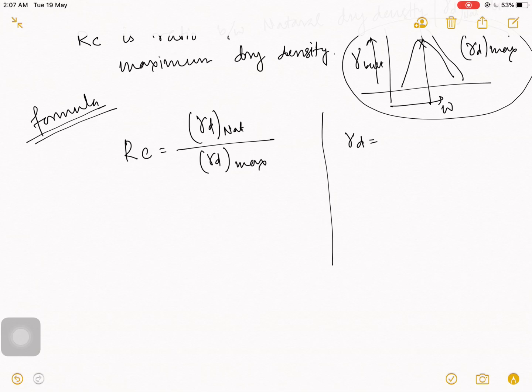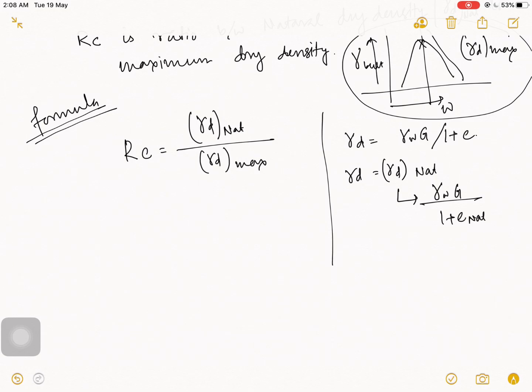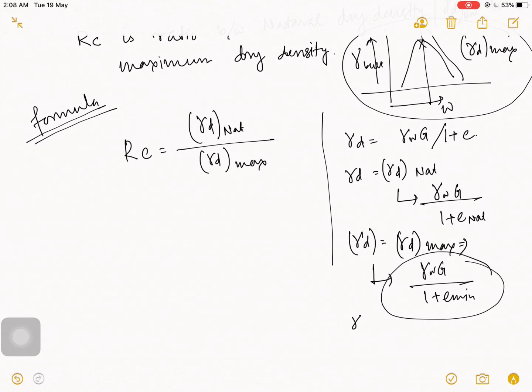Gamma d is equal to gamma water G by 1 plus E. Gamma d natural is equal to gamma W G by 1 plus E natural. When gamma d is gamma d maximum, that is equal to gamma W G by 1 plus E minimum, because I told you previously gamma d is inversely proportional to void ratio.